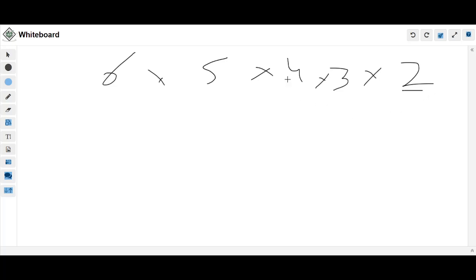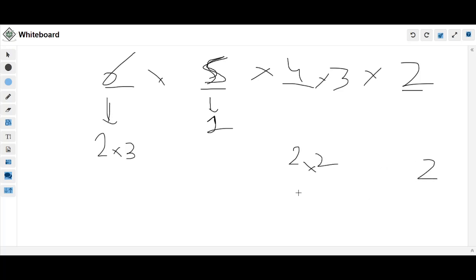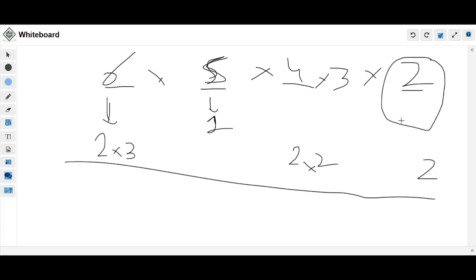This consists of a factor of 2, this consists of a factor of 2, whereas 5 has only one value. So the factors of 2 were in here: we had 2 into 3, we had 2 into 2, we had 2. So for any factorial n, the number of factors of 2 will always be greater than the number of factors of 5.